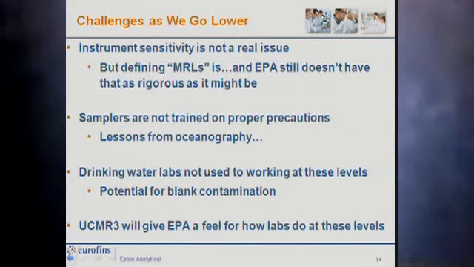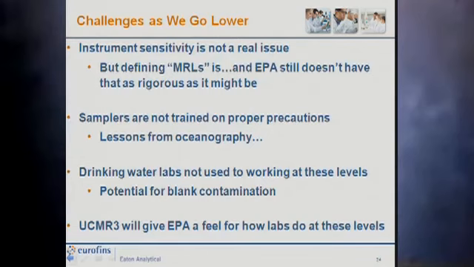If you go back to the issue of the PFCs, when EPA established the MRLs, they basically collected results from 3 to 4 laboratories, and then they ran them through a statistical black box to come up with an MRL for the regulation. But what they didn't do with that was to actually look at outliers.